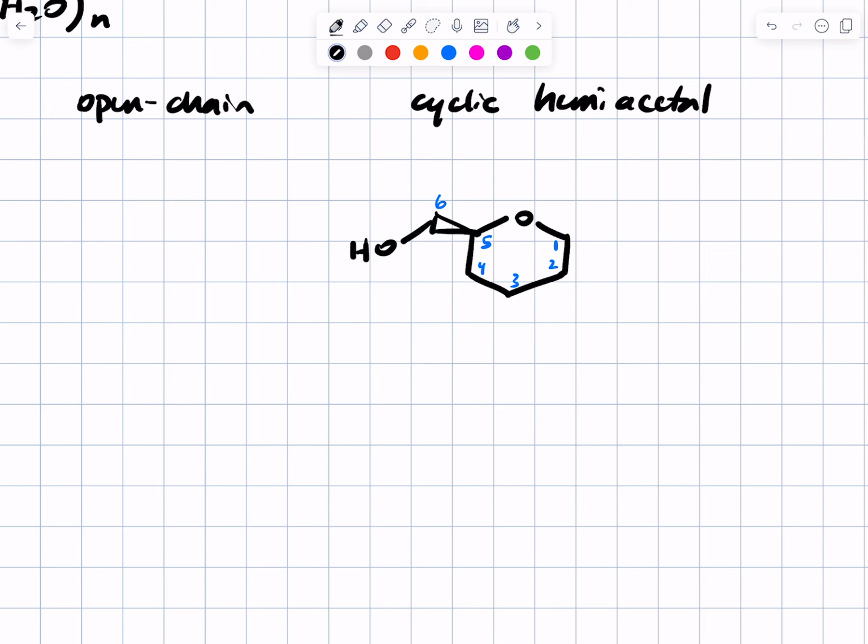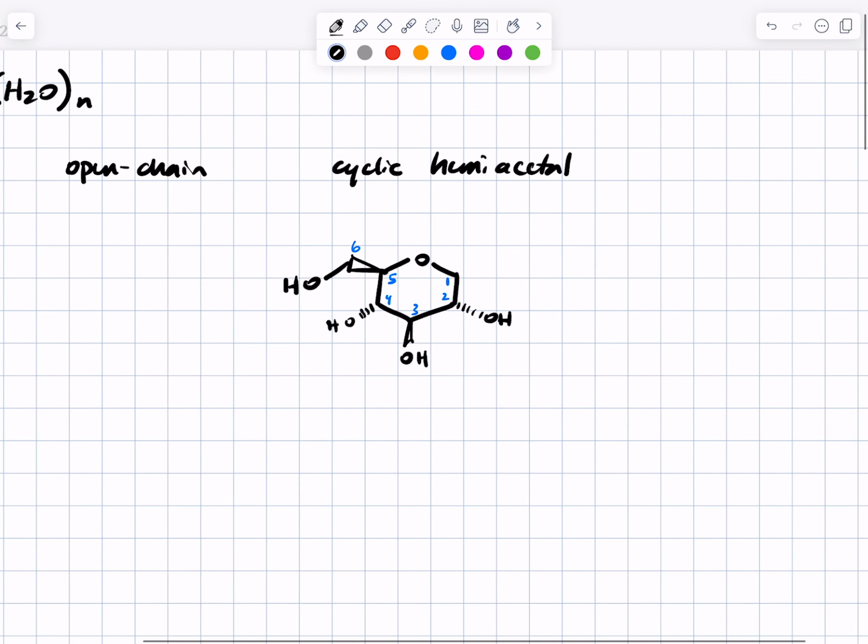We'll call that a hydroxymethyl group. And then this one on carbon 2 is a dash. This one on carbon 3 is a wedge. On carbon 4, it's a dash.